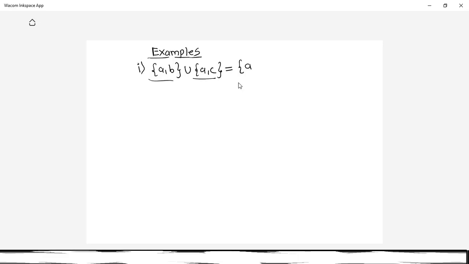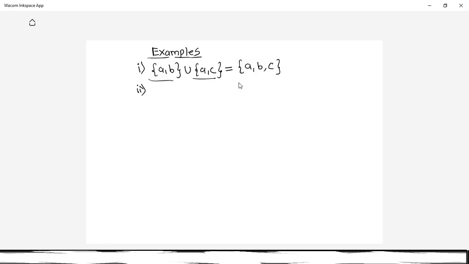So elements of set {A, B} will come in the union. Also elements of the second set, which has elements A and C. A has already come, so we can exclude that. We'll include the element C. So {A, B, C}.